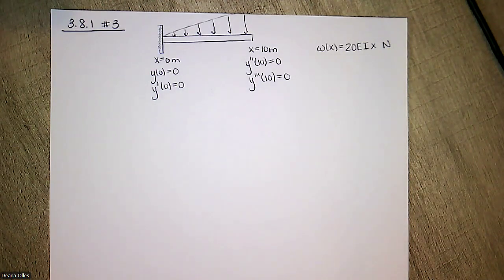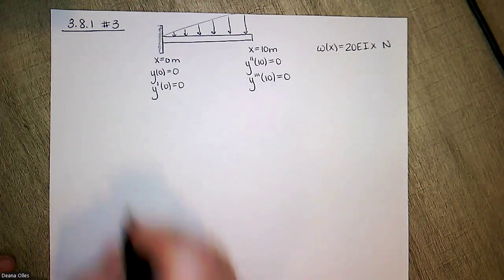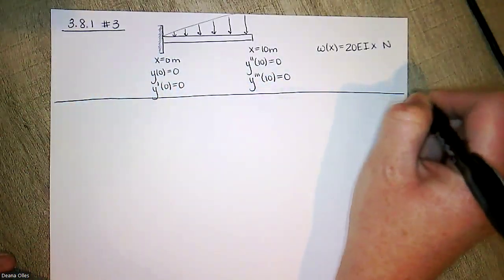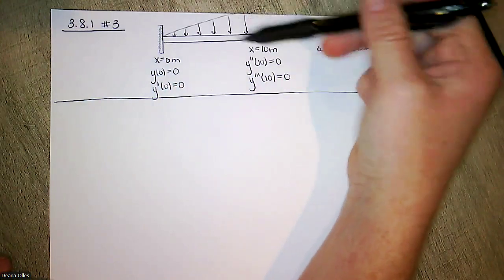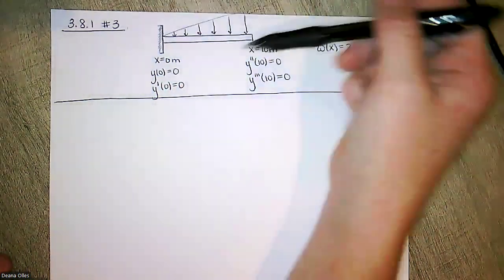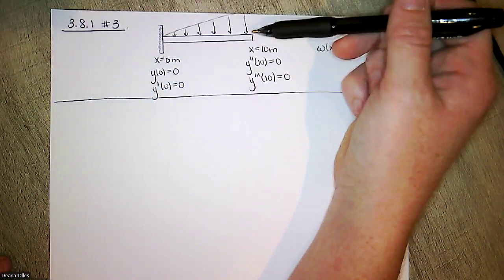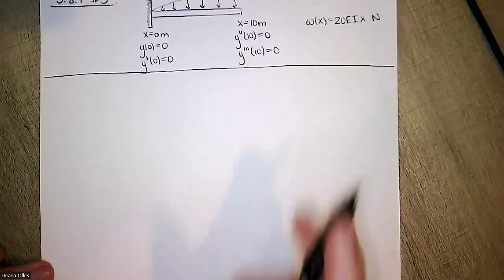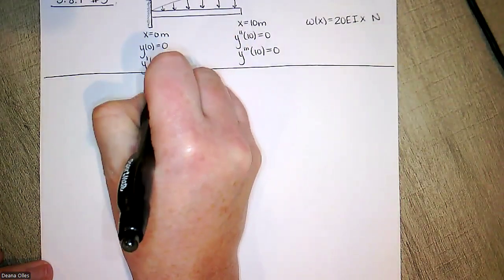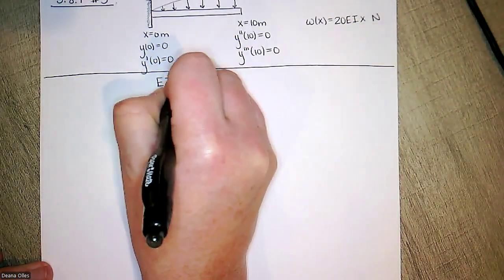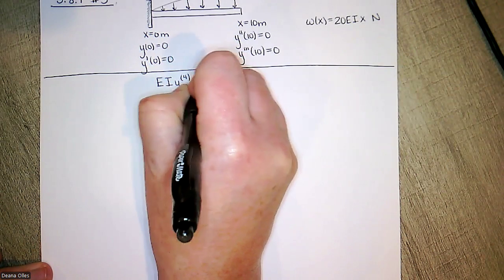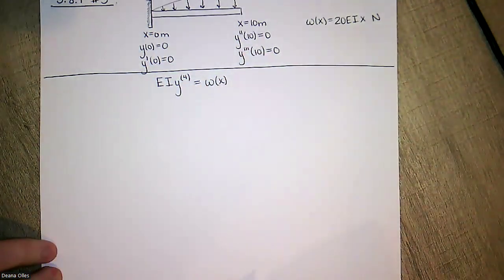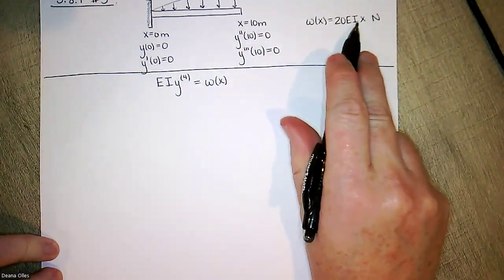All right. So we're going to go ahead and set up our differential equation to solve this one. And no, you do not have to draw this. I'm just trying to get you all to see the picture. This is not necessary to draw for credit by any means. So we have EI fourth derivative of y equals load per unit length. So we're going to go ahead and put in our 20 EIx.